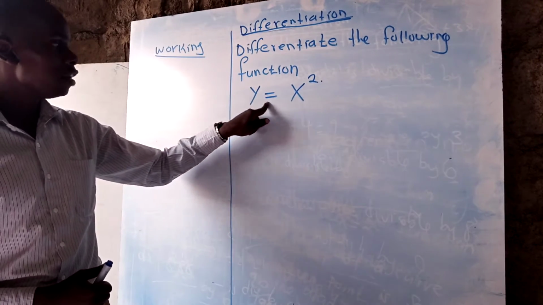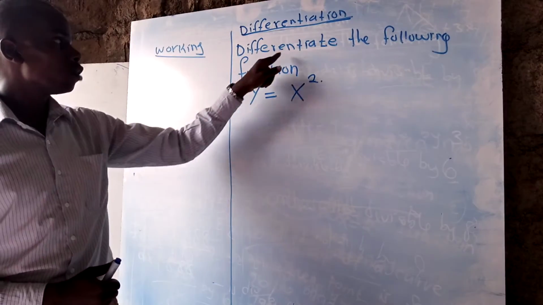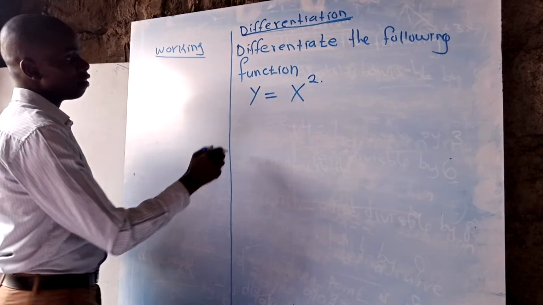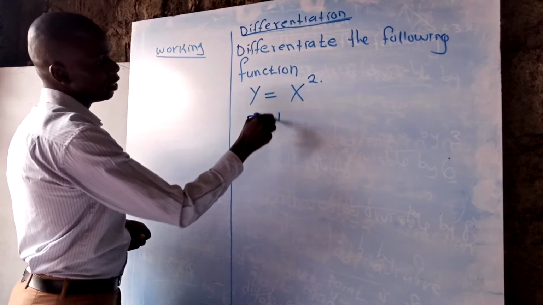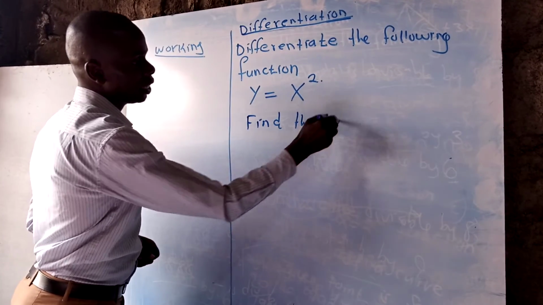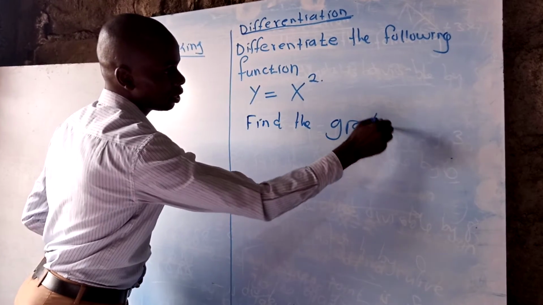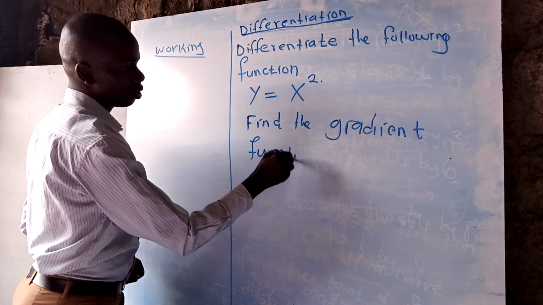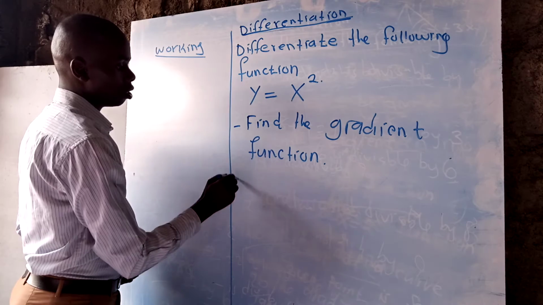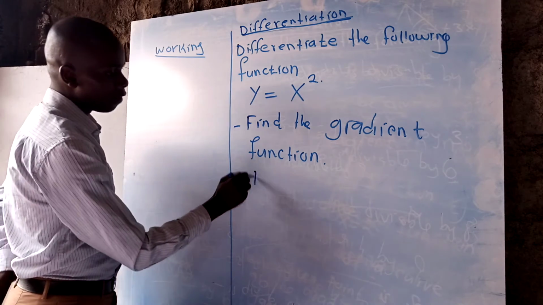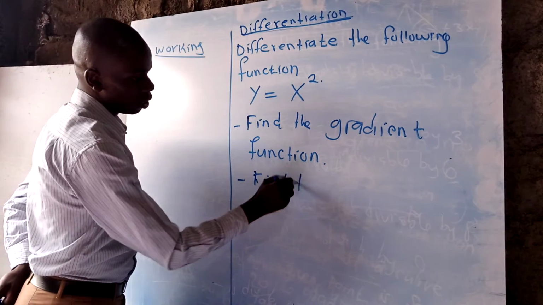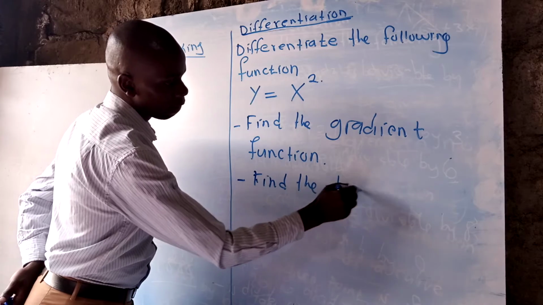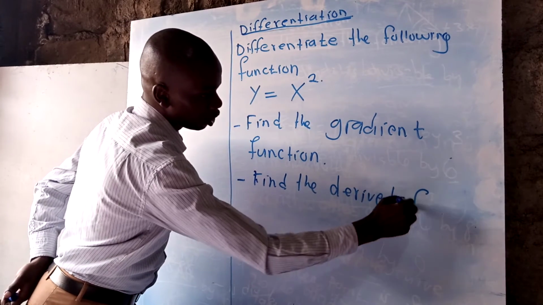So what we have here is just a function. This question can be: find the gradient function. Also, it can be: find the derived function.